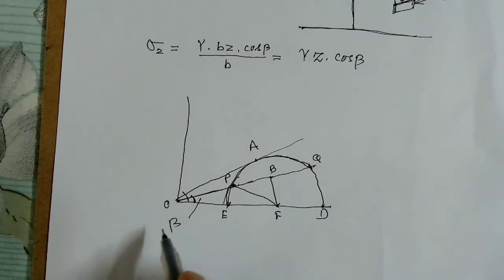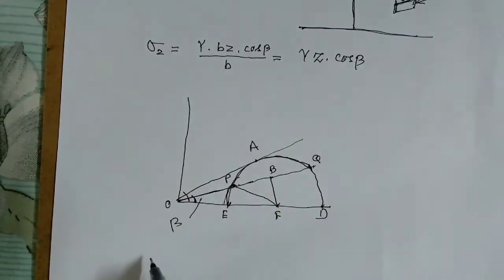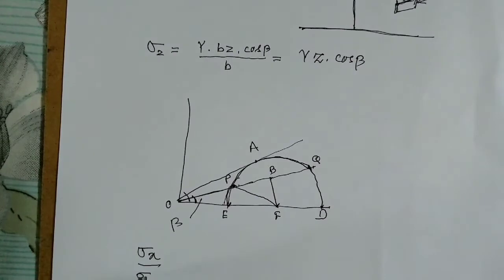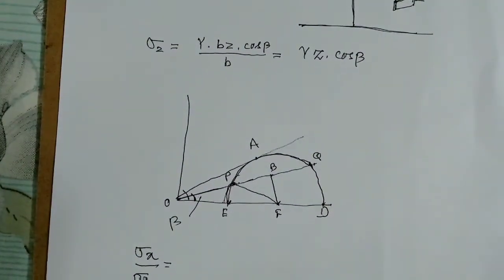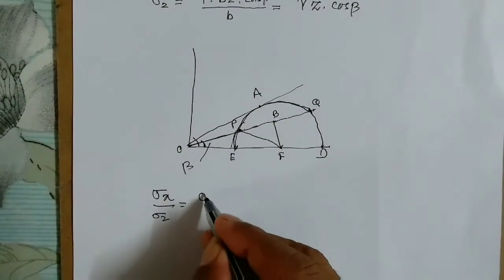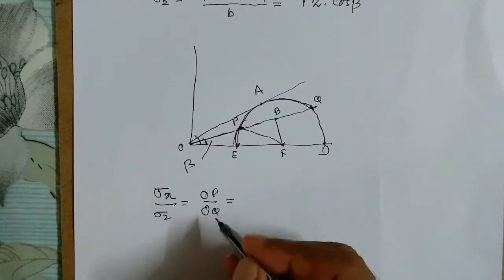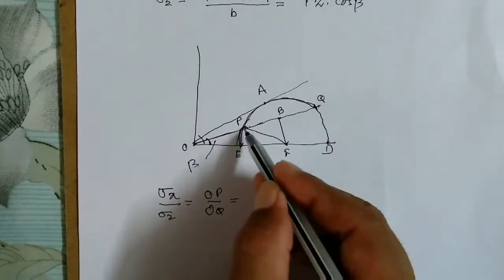Now, we have OP equal to sigma x and OQ equal to sigma z. So we can write the ratio between the two stresses, sigma x by sigma z, as OP by OQ. If we see geometrically, OP is simply OB minus PB.